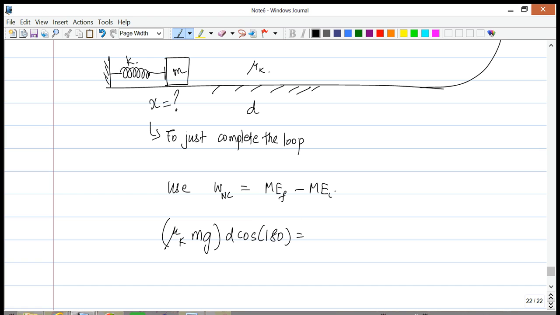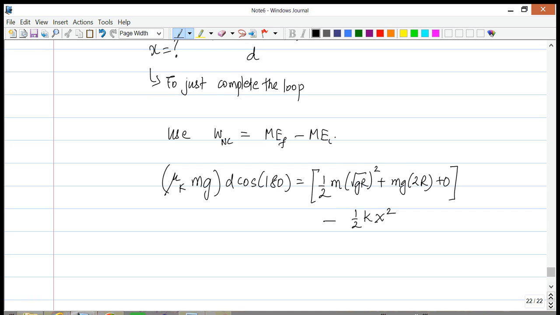Now the mechanical energy final is equal to 1/2 times m times square root gr squared plus mg times 2r. The spring has no energy at that point, so I'll just put a 0 for the spring energy. And the initial is all the spring, so it is 1/2 k times x squared, and our goal of course is to find x.